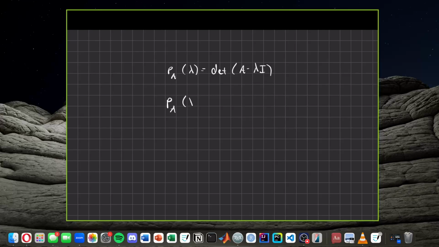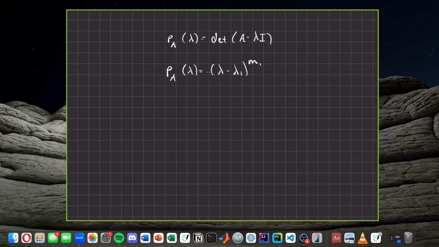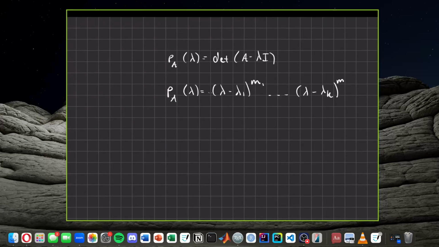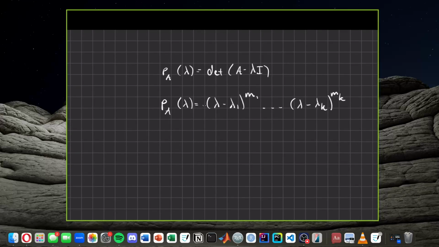It's just the product of lambda minus lambda 1, the factorization of this, to the power of, let's say, m1, and this goes on to lambda minus lambda k to the power m sub k, where lambda 1 through k are, of course, the eigenvalues of A.